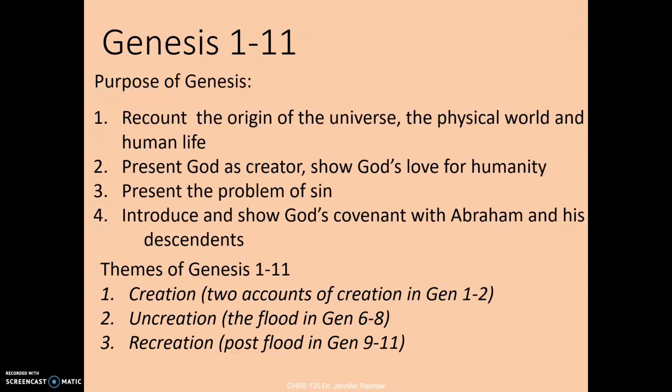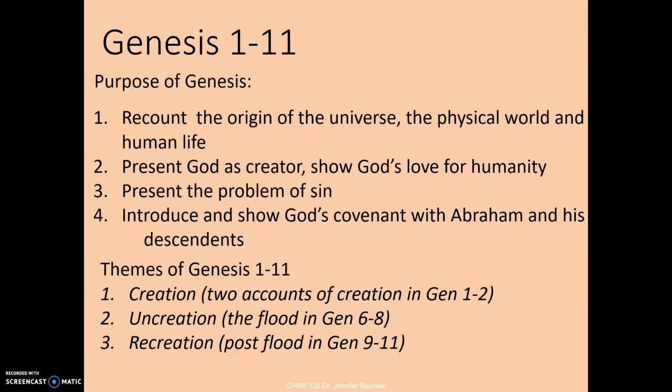Genesis 1 through 11 especially also wants to present the problem of sin and how disobedience, how people choosing to go their own way affects the world and themselves. And then later on in Genesis, we'll see that Genesis also introduces and shows God's covenant with Abraham and his descendants as a way to heal that broken world that happened from the fall in the garden.